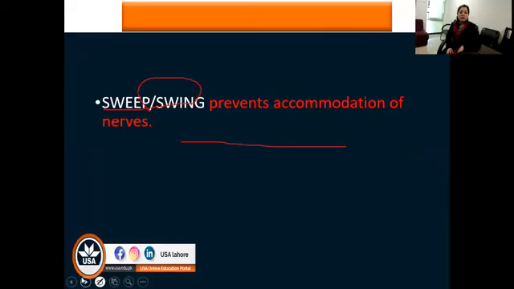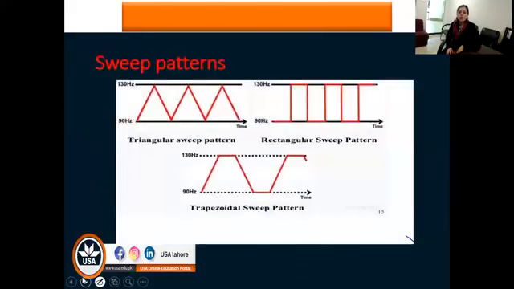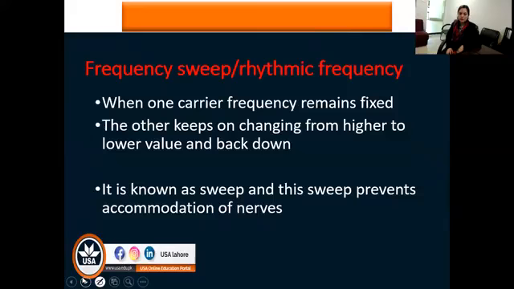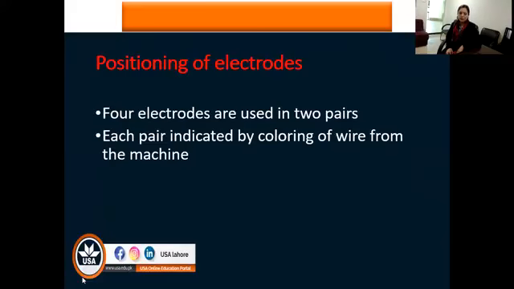Similarly here, if our current is swinging or rhythmically changing, then it is going to prevent the property of accommodation. So when one carrier frequency is fixed, the other one is continuously moving back and forth. It is going to give a sweep pattern, and this sweep pattern is going to prevent the accommodation.